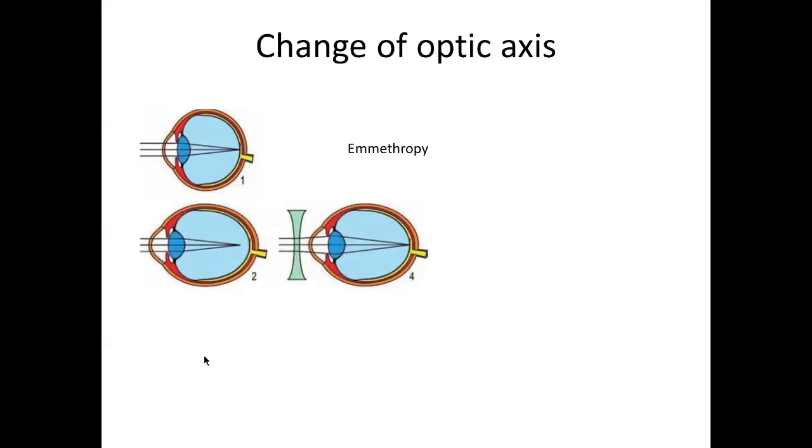And now another example. First of all, you can see that this eyeball is extended in the anterior-posterior dimension. This eye bulb is enlarged in the anterior-posterior dimension.